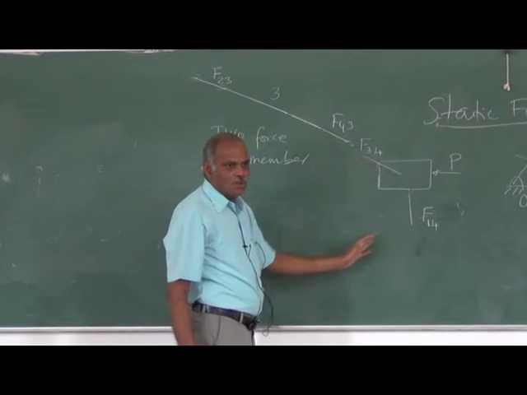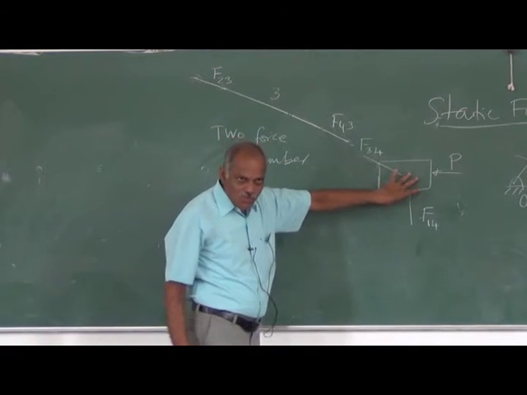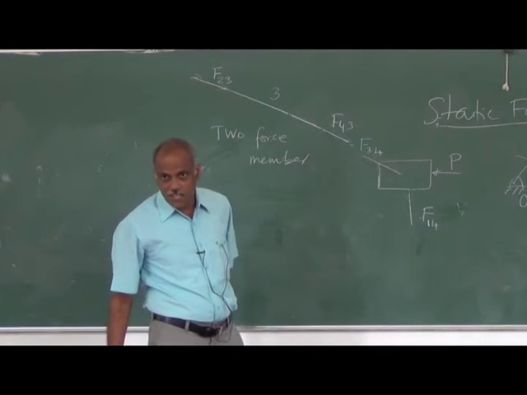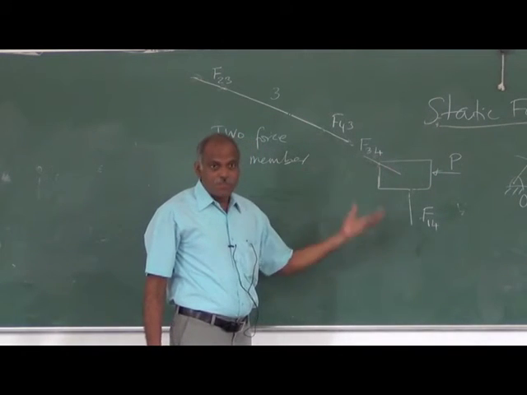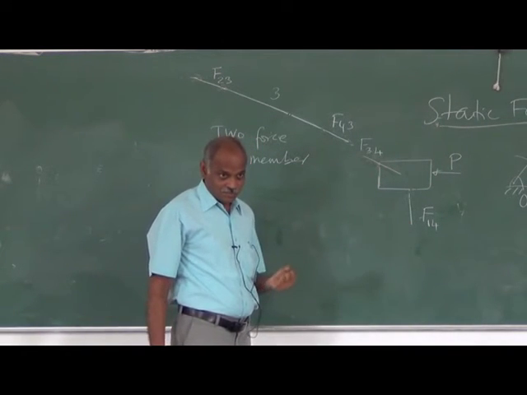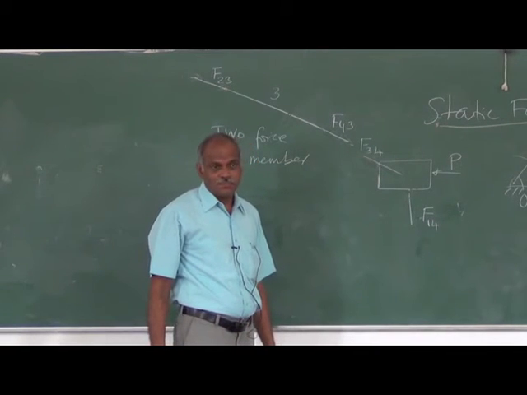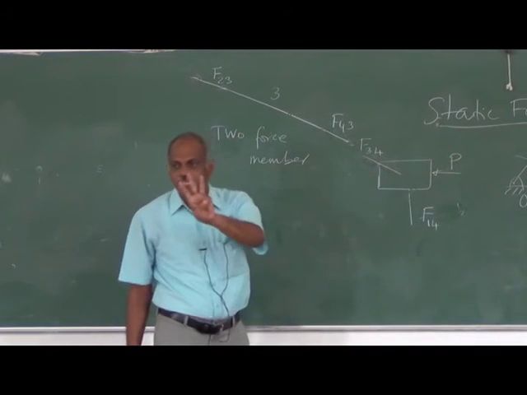Now, if you look at it, this is a three-force member, which is planar. So we can evoke the theorem of three forces to solve it. The theorem of three forces says that if three forces are to be in equilibrium, there are three conditions.